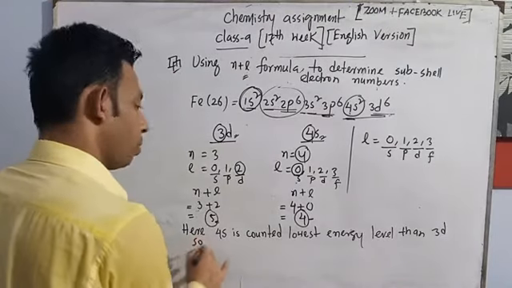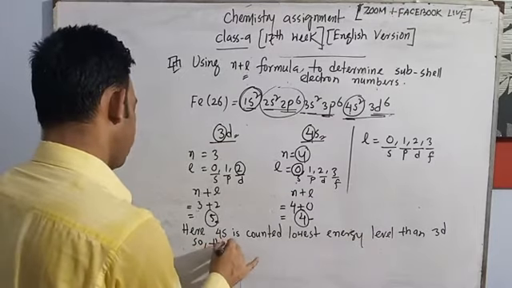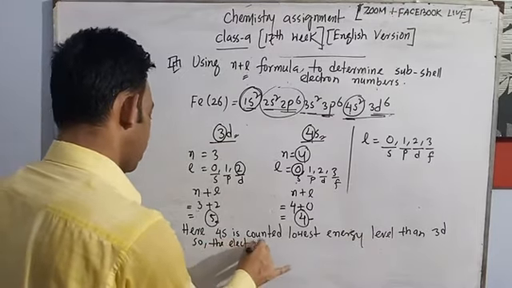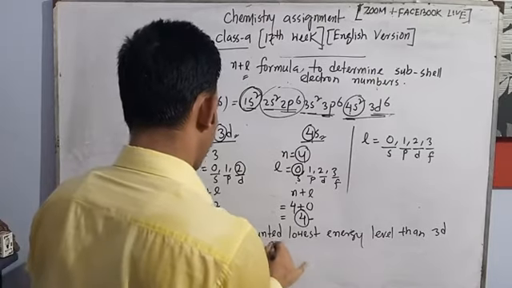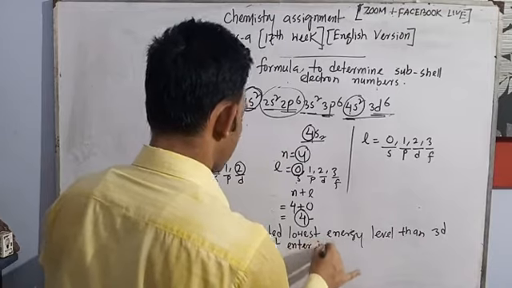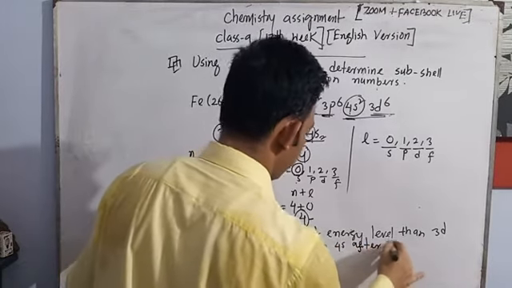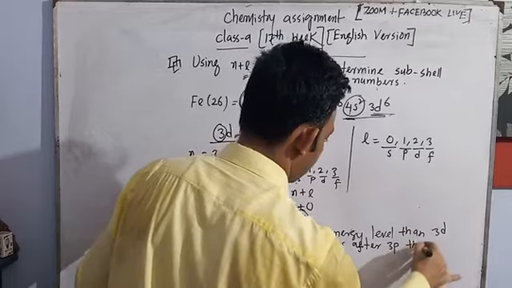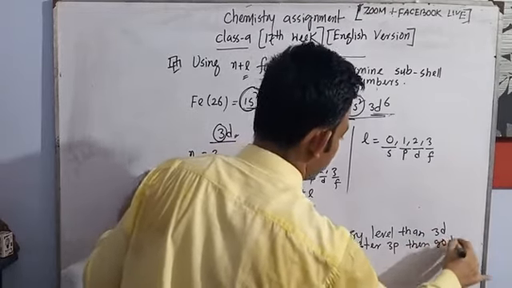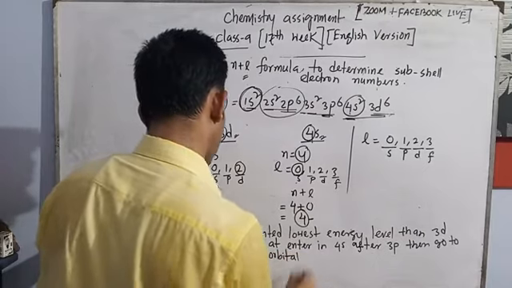So the electron at first enters the 4s, after 3p, then goes to the 3D orbital.